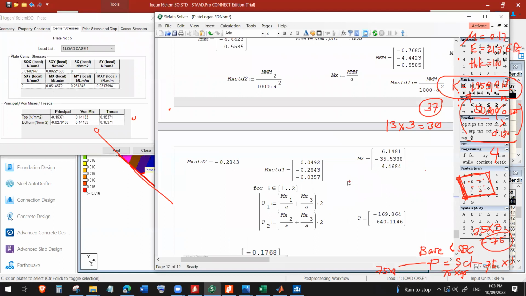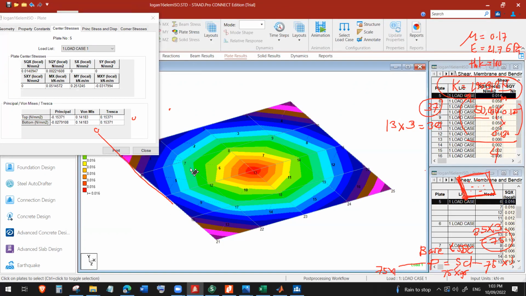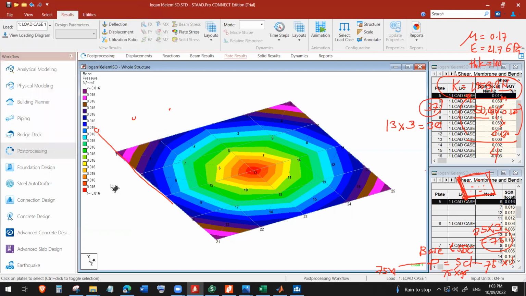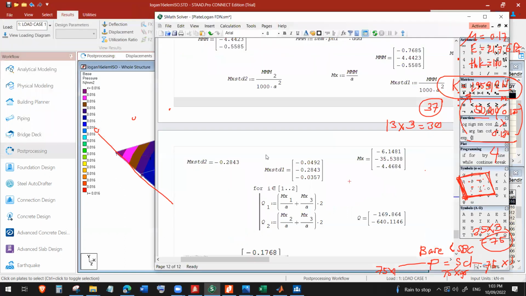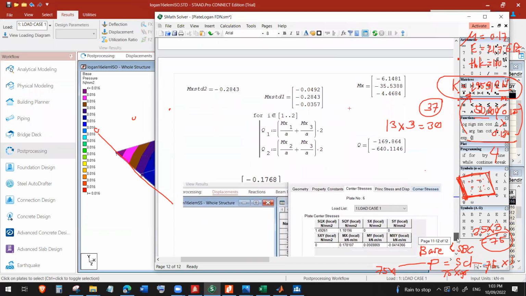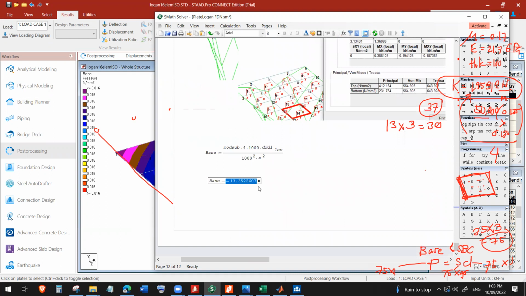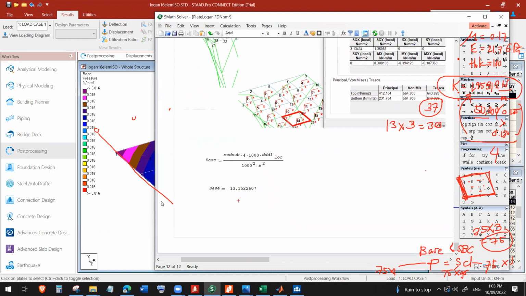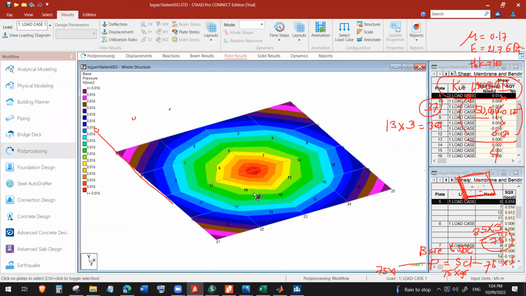How about the base pressure? According to STAAD outputs, it is also uniform at 16 kilopascal. Let's verify that here. We're getting almost the same: 14 earlier, 13 to 16 kilopascal. Of course, it's more on the rounding off of STAAD. As you see, there's really a variation of the base pressure.